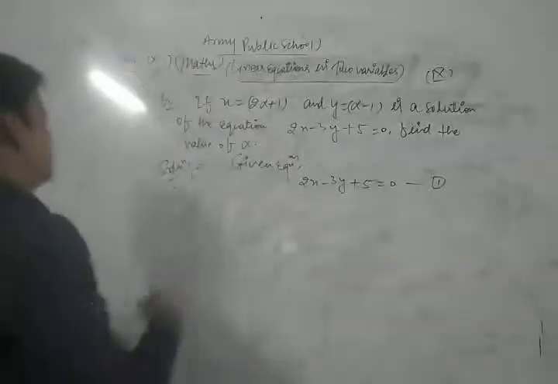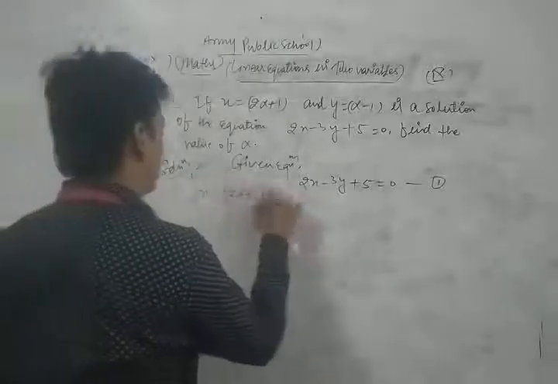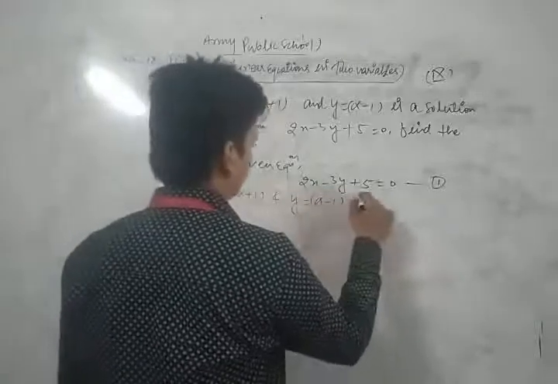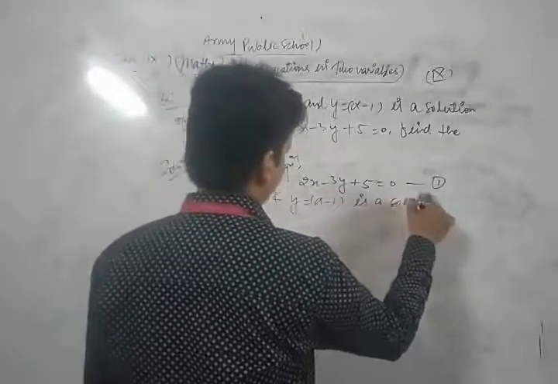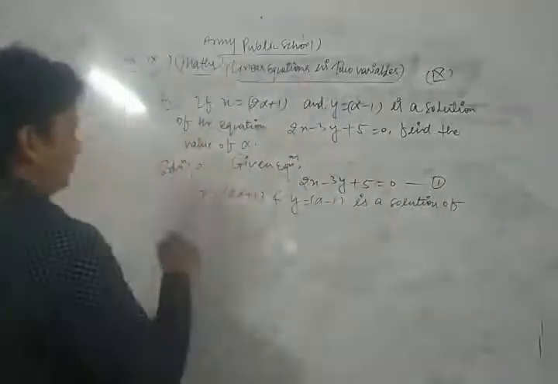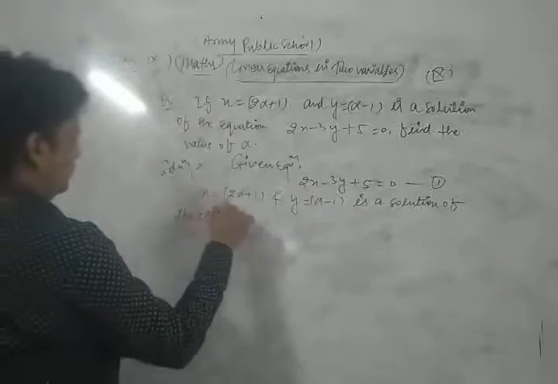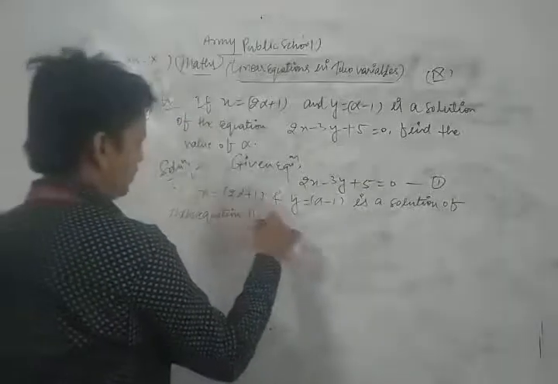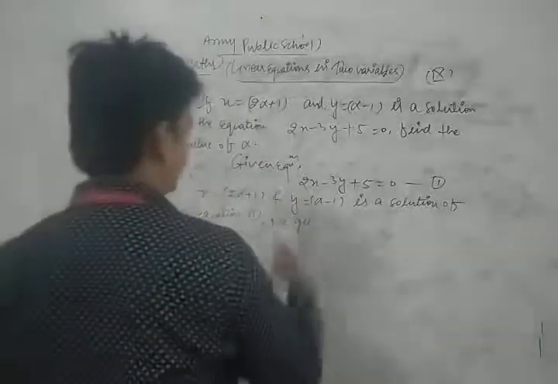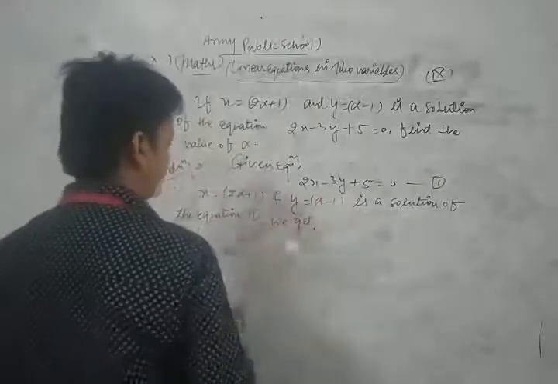Since, dear students, x is equal to 2 alpha plus 1 and y is equal to alpha minus 1 is the solution of the equation, we put x is equal to 2 alpha plus 1 and y is equal to alpha minus 1 in that equation.